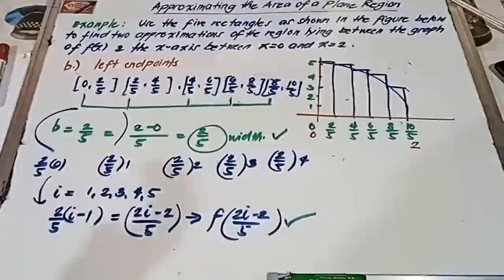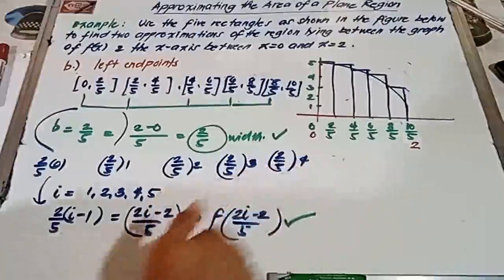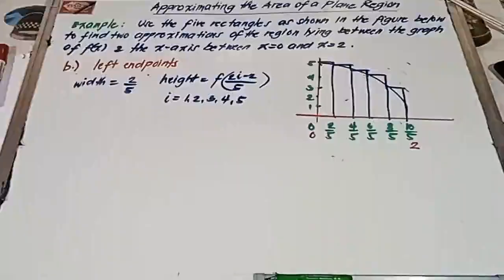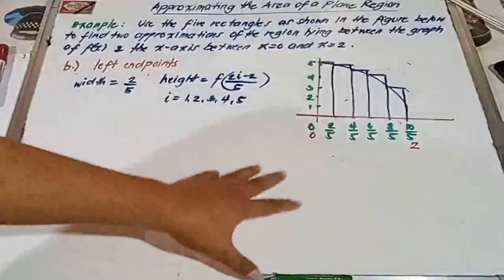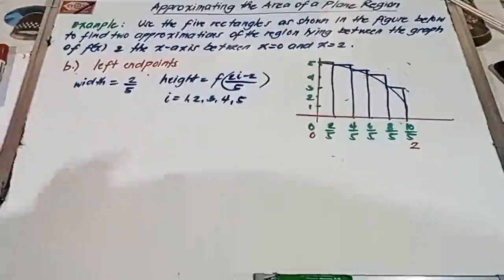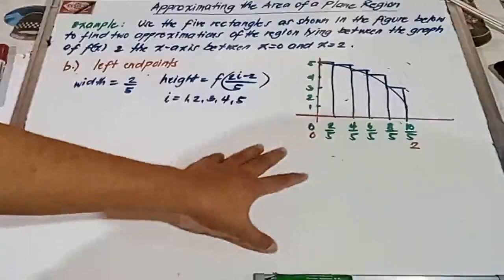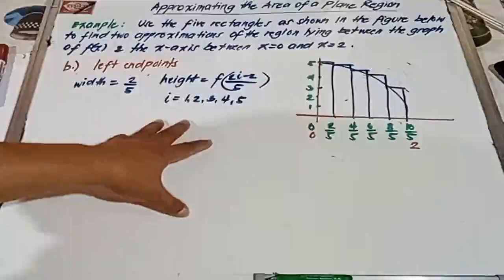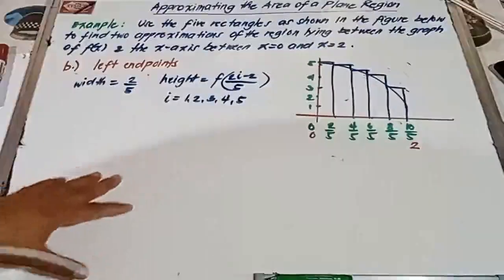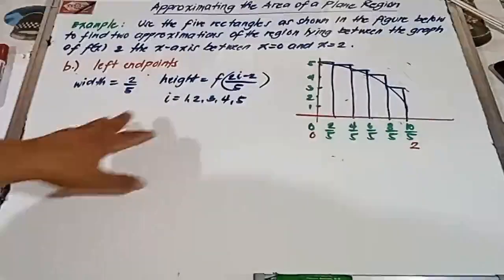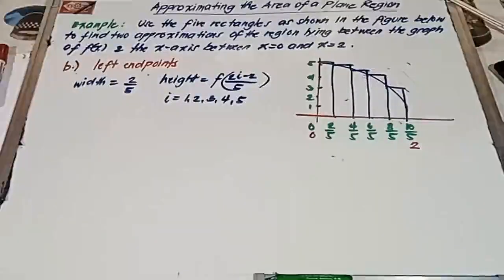So, we're going to use now the sigma notation in finding the area of these 5 rectangles. Okay? So, from this figure, ang width ng ating rectangle is 2 over 5. That is 2 minus 0 divided by 5, meaning 5 rectangles. So, this is the width. For the height of the rectangle, we obtain f of the quantity (2I minus 2) over 5, where I equal to 1, 2, 3, 4, and 5.